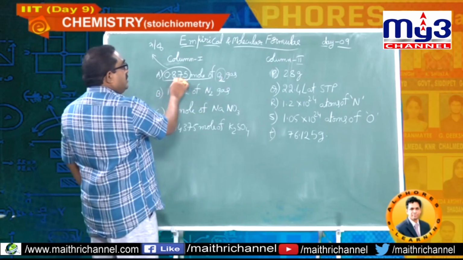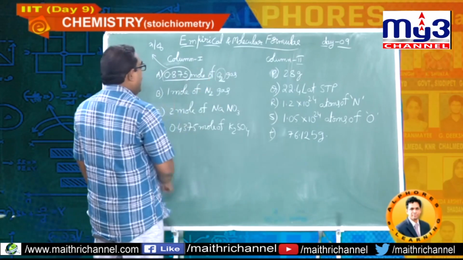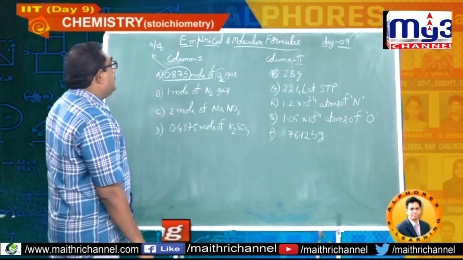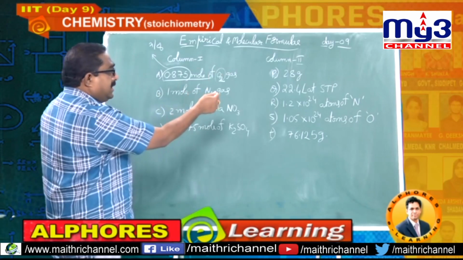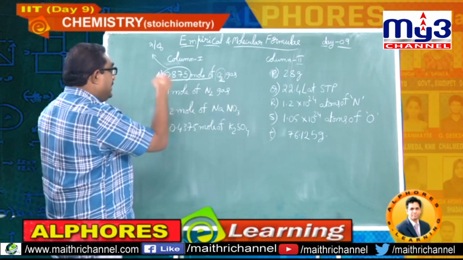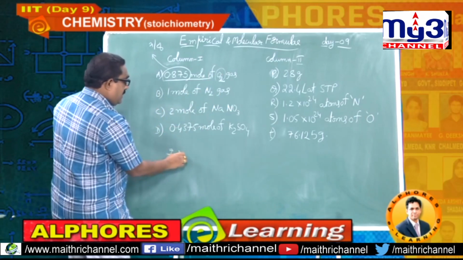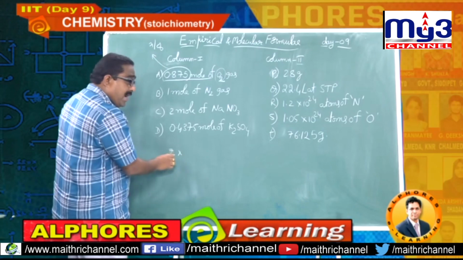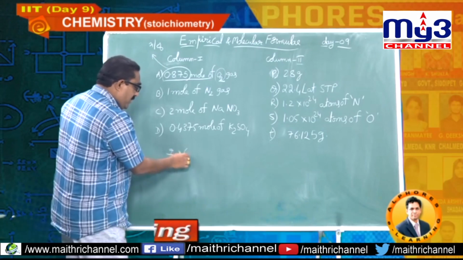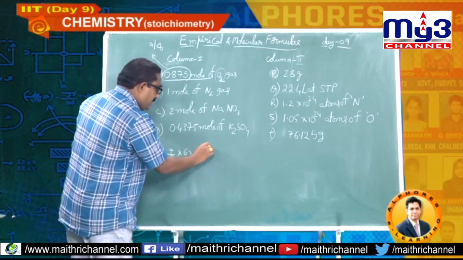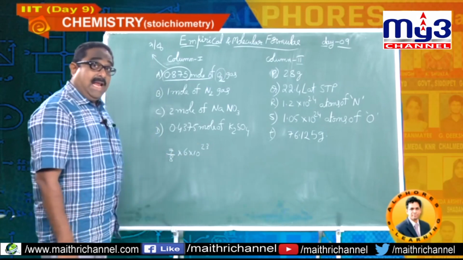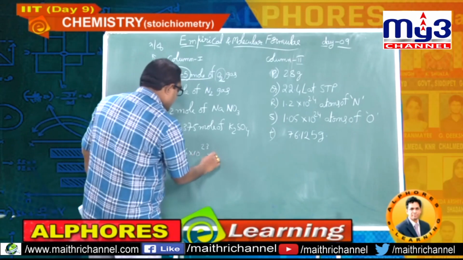Here he has given 0.875 moles. So what will be the atoms? Let me check it out. 7 by 8 into 7 by 8 moles. A mole means 6 into 10 power 23 molecules. Again, each molecule of oxygen contains 2 atoms.